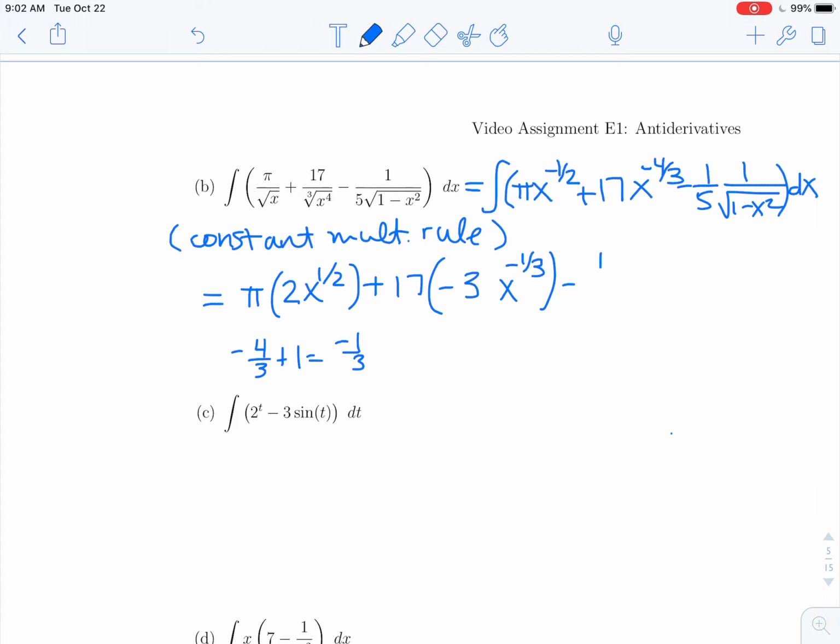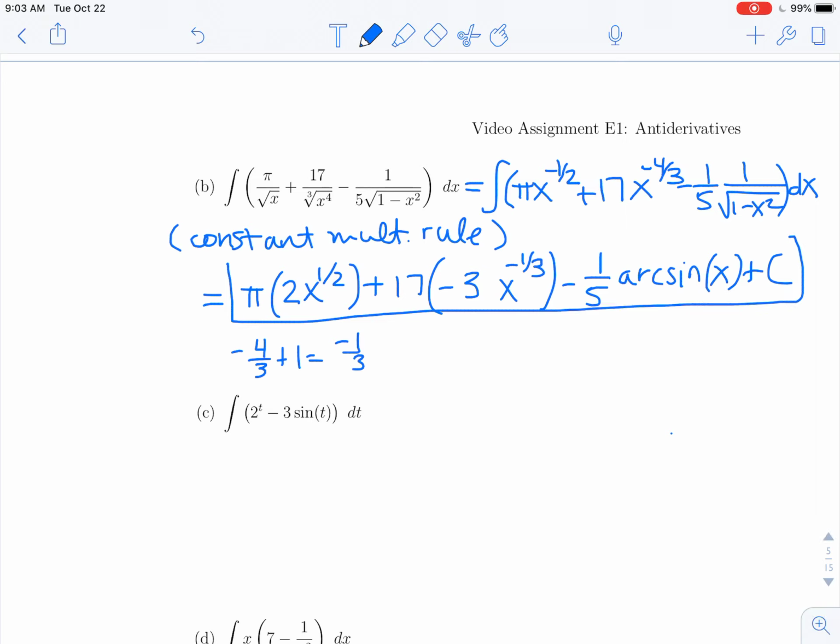And then minus 1/5, and I'll use arc sine of x. And then plus c. And we could do a little bit here in that we could multiply the 17 and the negative 3 and the pi and the 2, but that's fine. And so, again, what you should do is mentally check.